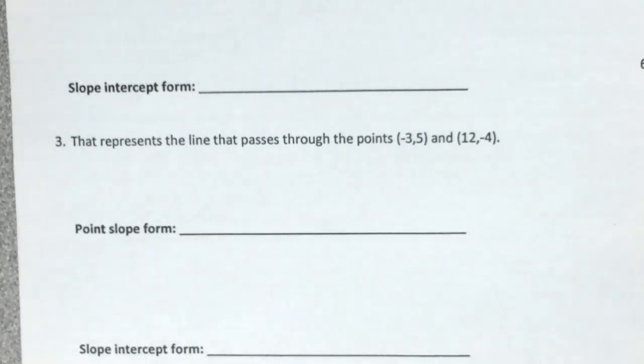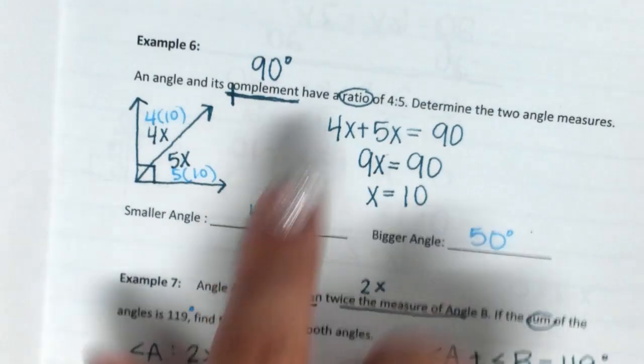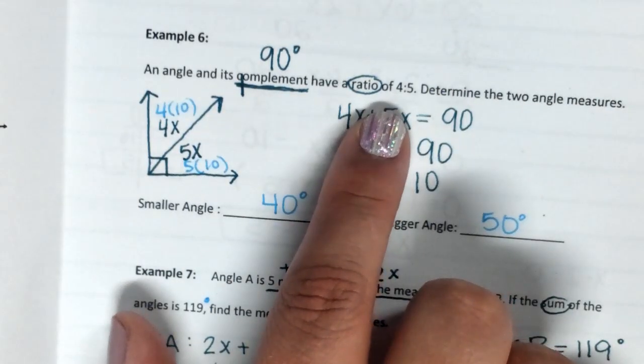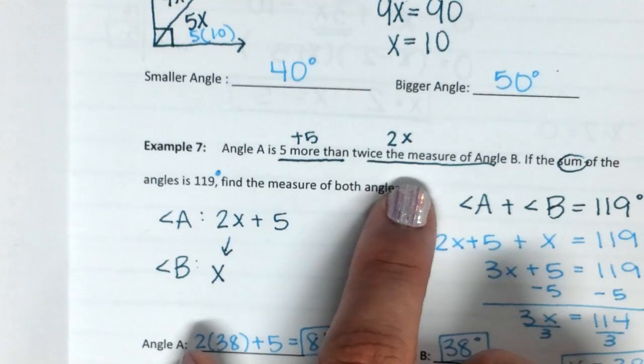Number 3, it says, hey guys, remember we talked about yesterday instructions? Do y'all remember? Did we talk about that in this class? Hold on, real quick, I want to show y'all something. Did we talk about how our notes are basically your test questions? I showed you all the questions that we did in the notes and how it was the same exact questions from the test. Like, look, ratio. Different numbers, same question. Look, 5 more than twice the measure in our notes.